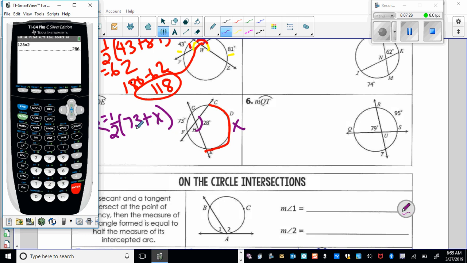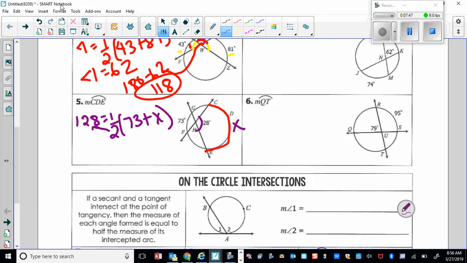Then I still have to get rid of the 73. So 256 is what I got, minus 73, and that would give you 183. So when I did this, I got 256 equals 73 plus x.